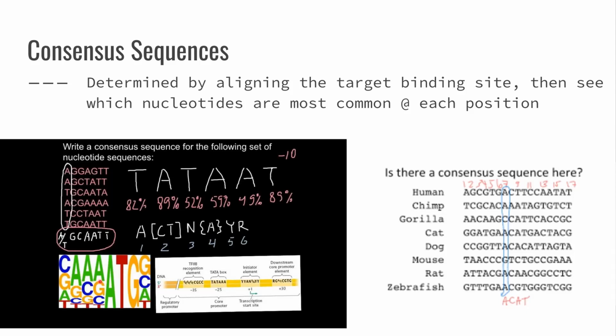And then for position 8, it's mostly C's. So the position 8 nucleotide would be C. So for each different organism, go down at each individual nucleotide position, and the one that's most common is the one that you're going to find in the consensus sequence that the transcription factor can recognize.